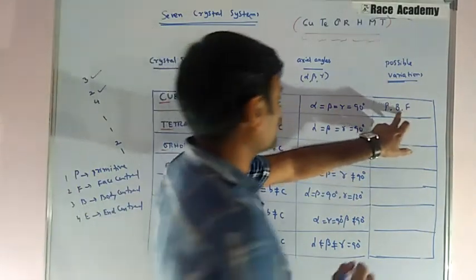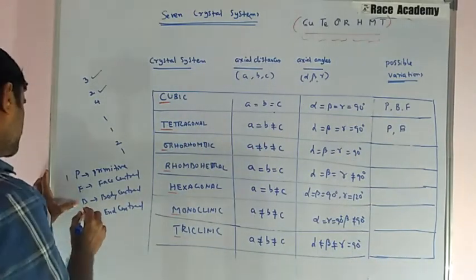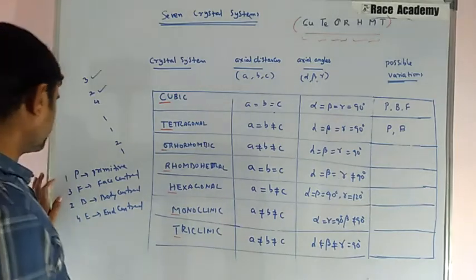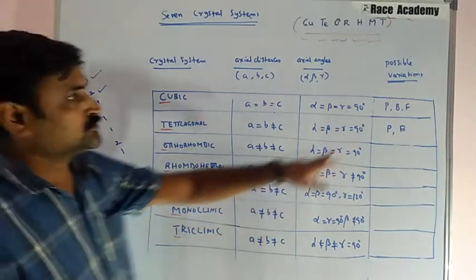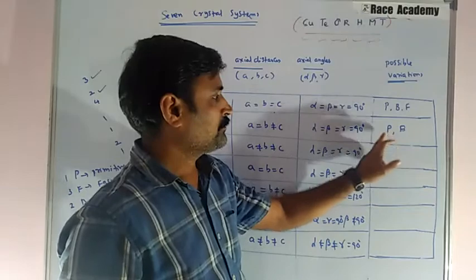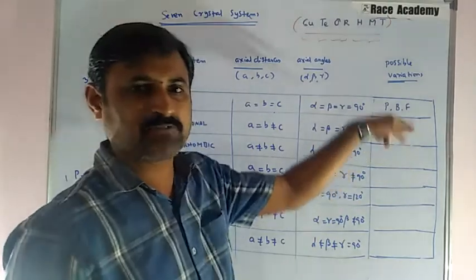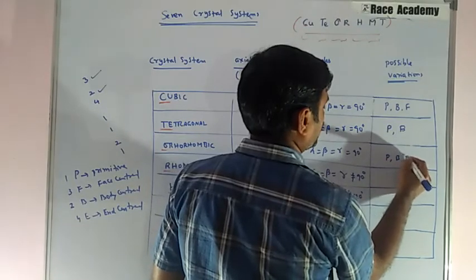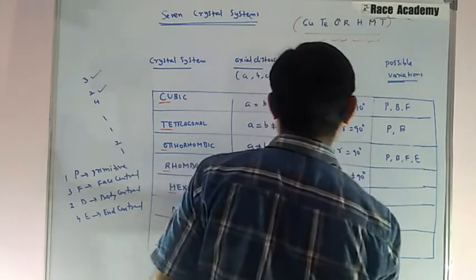Second one, B, we wrote, right? So this is the second one, this is the third one. Like this, PBF, PB. Next PBFE. Why?